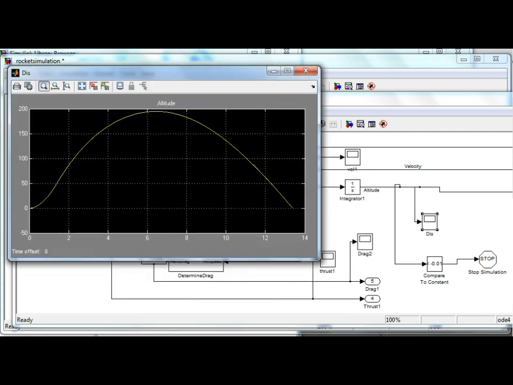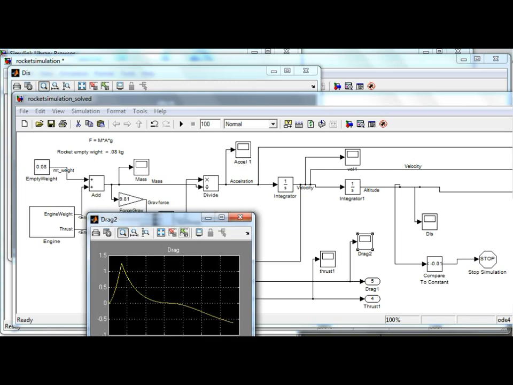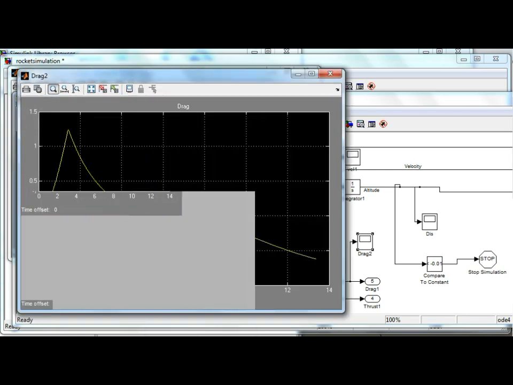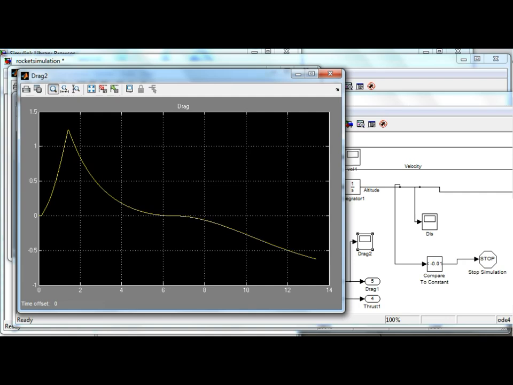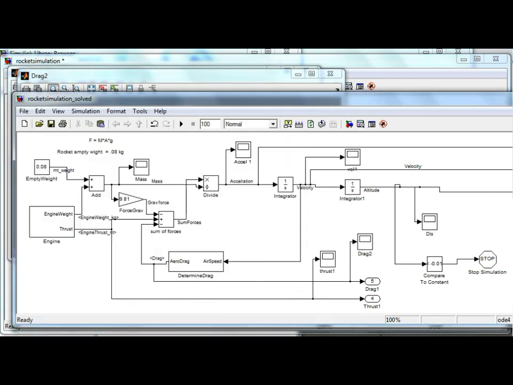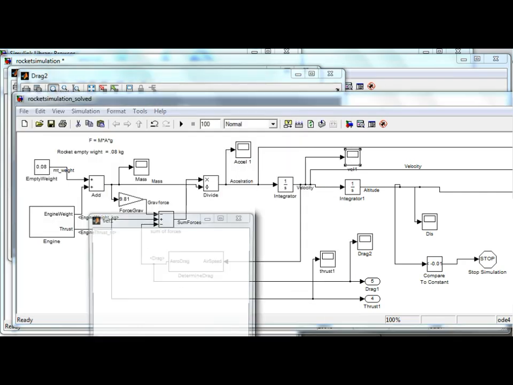That's the altitude. I can look at drag, and I can see that the drag, again, when the, well, let's pop up velocity here. Velocity, okay.